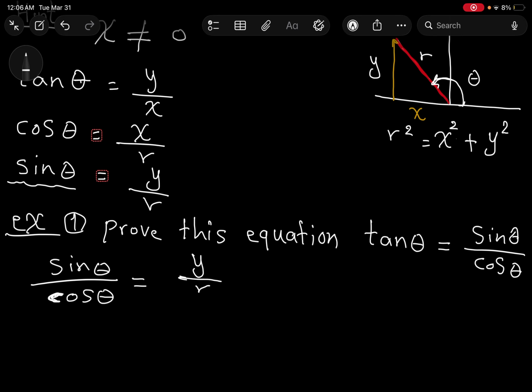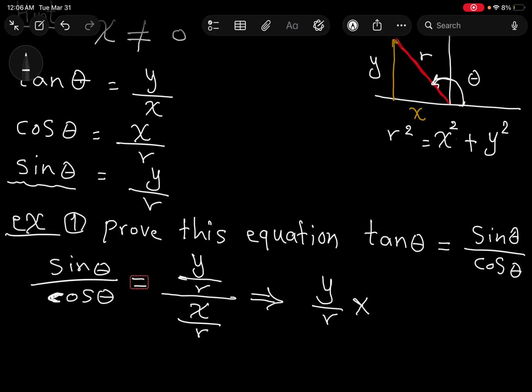Then you should put the ratio down. What is the formula of cosine theta? It is x over r. So that belongs to y over r, divided by x over r: multiplication and reciprocal.